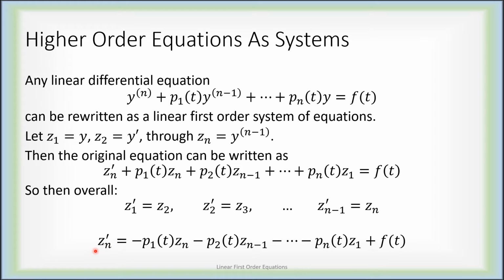But zn prime, from this equation here, is f of t minus all of these terms here. So z1 prime is expressed in terms of the z's. It's a very simple expression, it's just z2. z2 prime is expressed in terms of the z's. And so is zn prime. It's expressed in terms of all the z's plus possibly a forcing function.